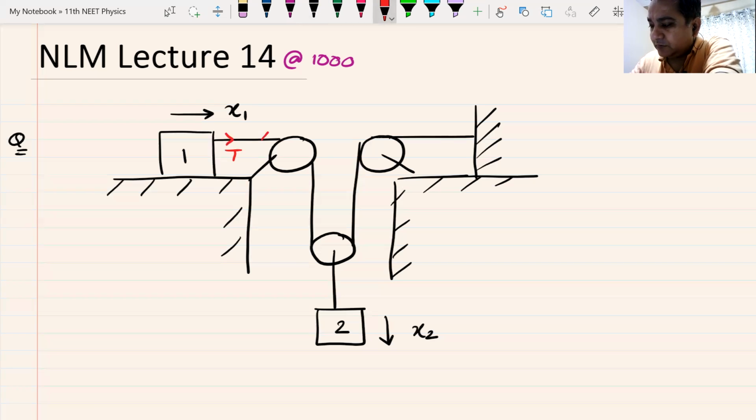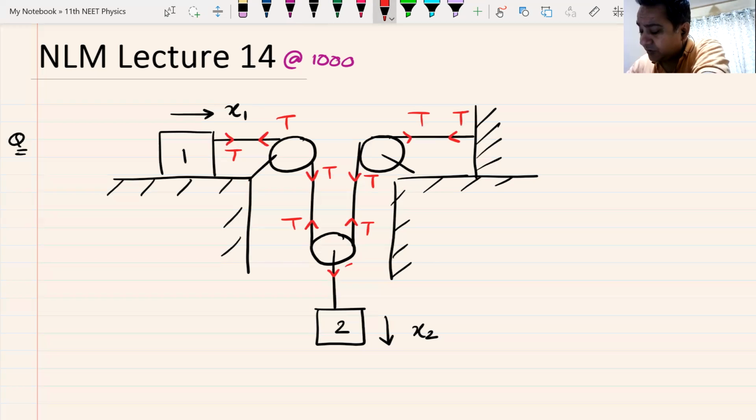Tension T, T, T, T, T, T, T, and T. Tension in the bigger string. Now the tension in the smaller string: 2T, 2T. I have drawn all the tensions.